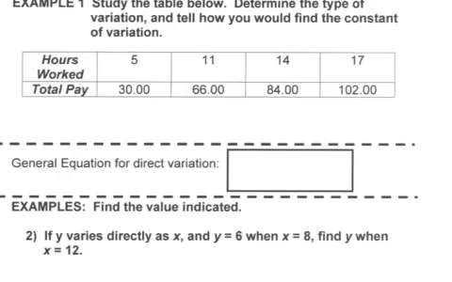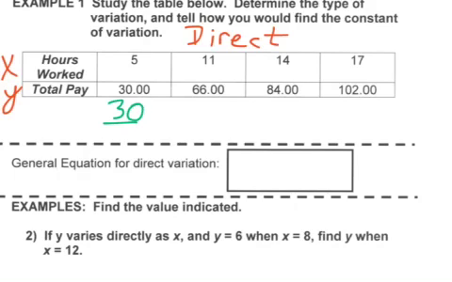Study the table below, determine the type of variation. In this particular example, I hope you noticed that as your hours of work increase, your total pay increases, so this is direct. If we consider hours worked X and total pay Y, then you could find a constant by setting up this direct variation problem as 30 over 5 equals 6.